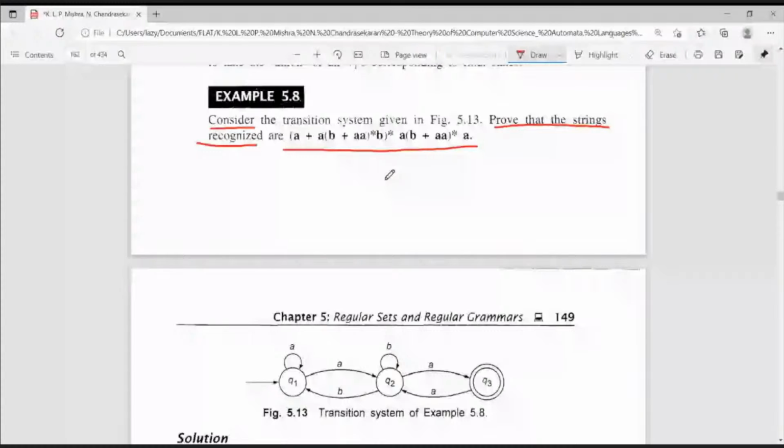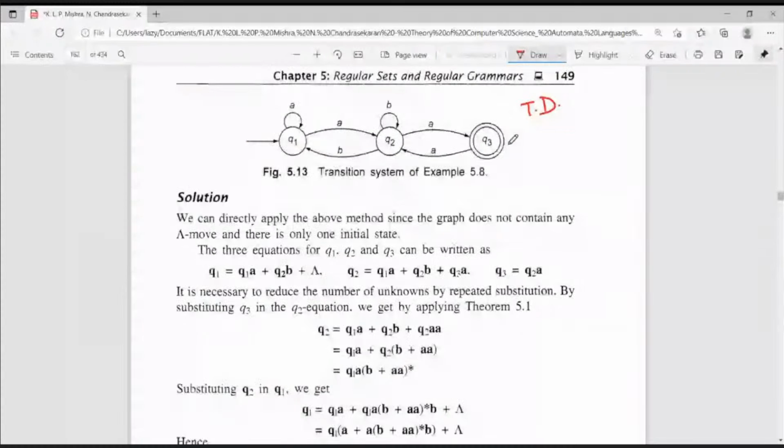Let's derive a few equations from this transition diagram. Simply observe each and every state.